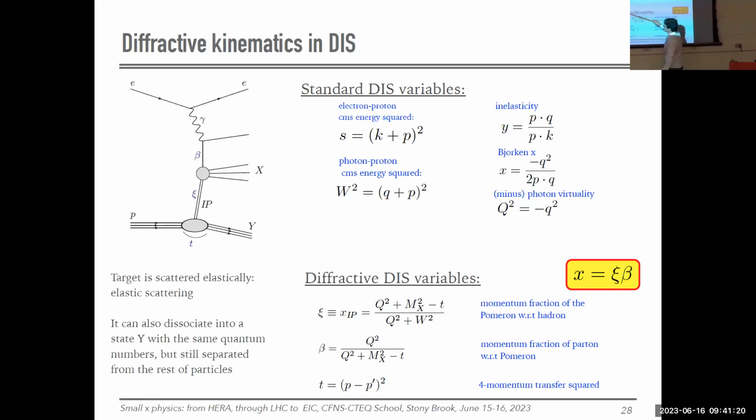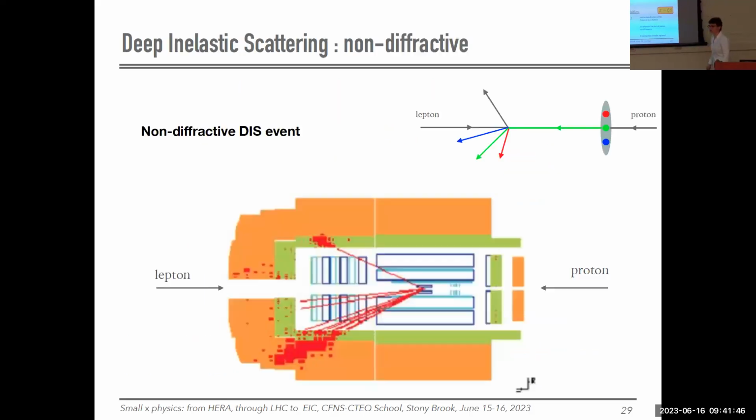And then beta is the momentum fraction with respect to this exchange, and you have a momentum transfer. Okay. Now you can also have a dissociative case where the proton dissociates into some state with the same quantum numbers, but there is still a rapidity gap. Then we are talking about dissociative diffraction.